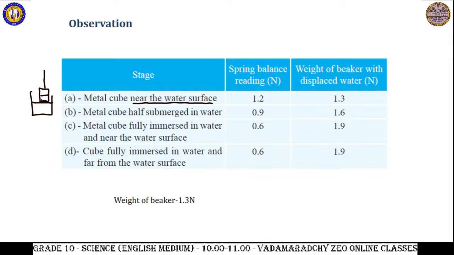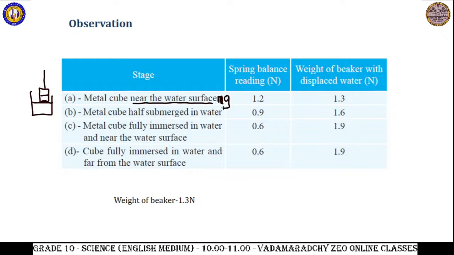So this reading is the real weight of the object. Upward thrust is exerted only if the object is immersed in the water. So near the water surface, we write it as mg, the real weight of the object, which is given as 1.2 Newton.